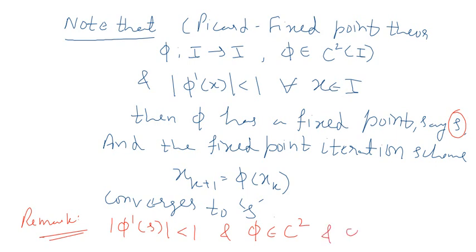Then you can find a suitable interval, S minus delta to S plus delta, equal to I, such that phi maps I into I.